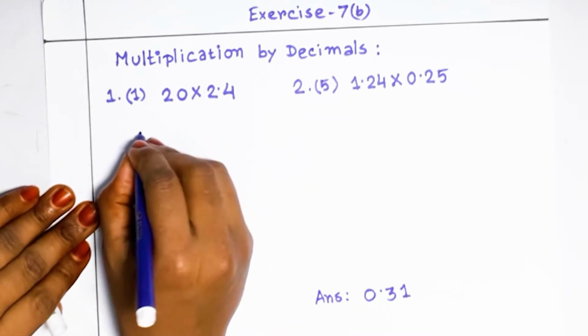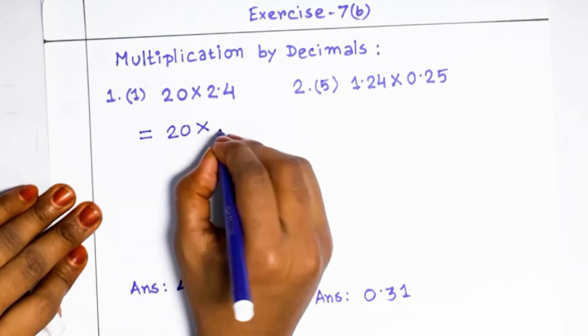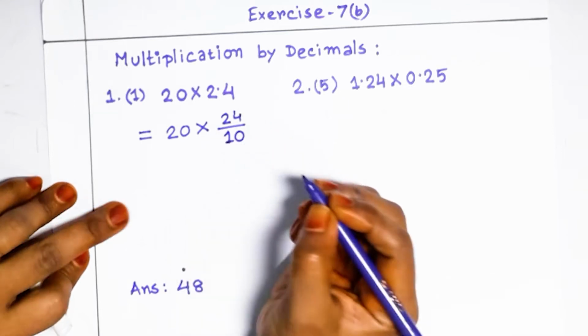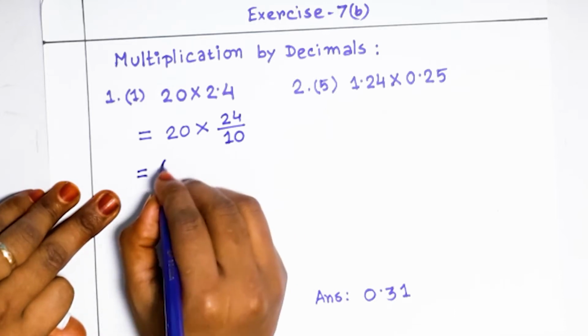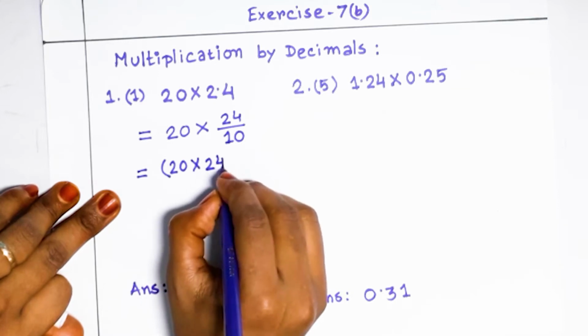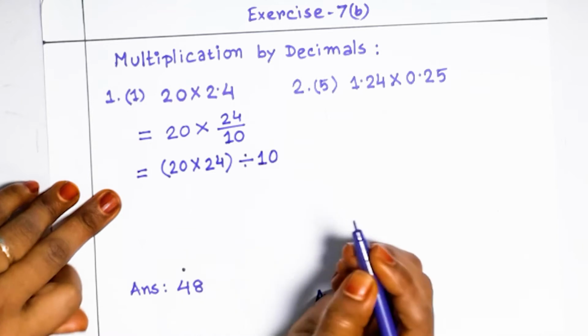So, do here 20 multiplied by 24 by 10. We can write this way also, 20 multiplied by 24, bracket close, divided by 10.